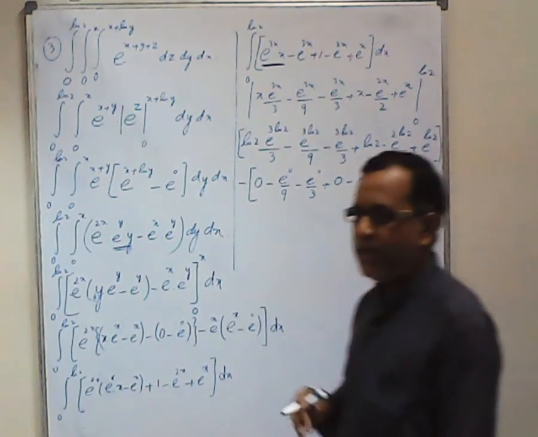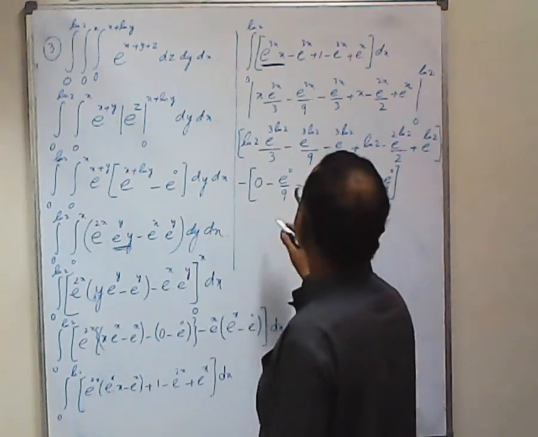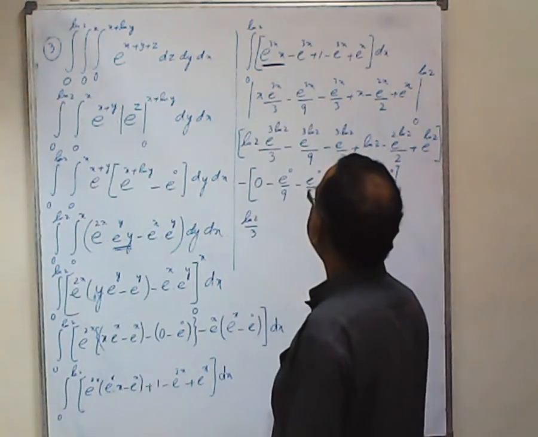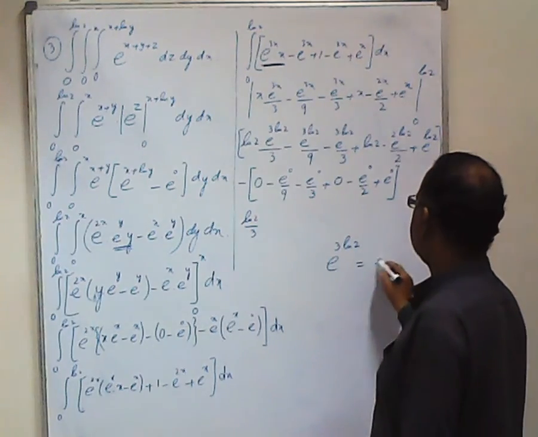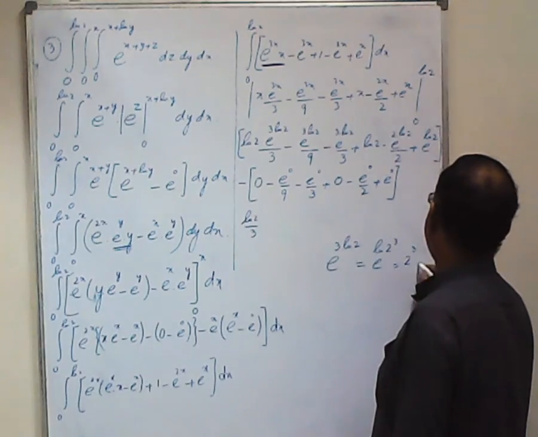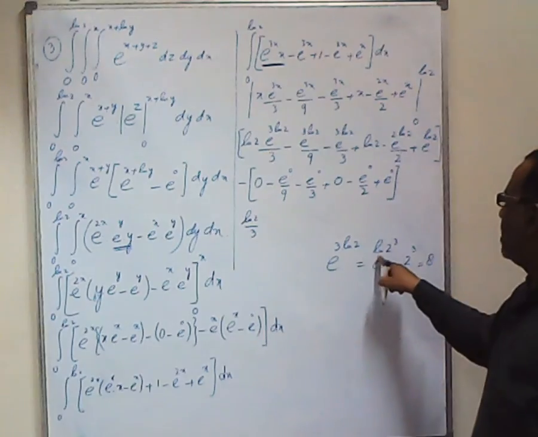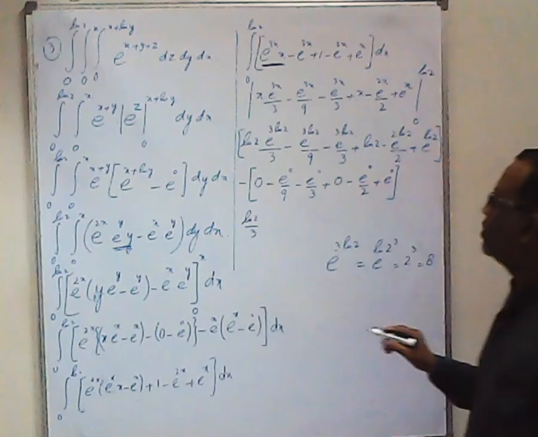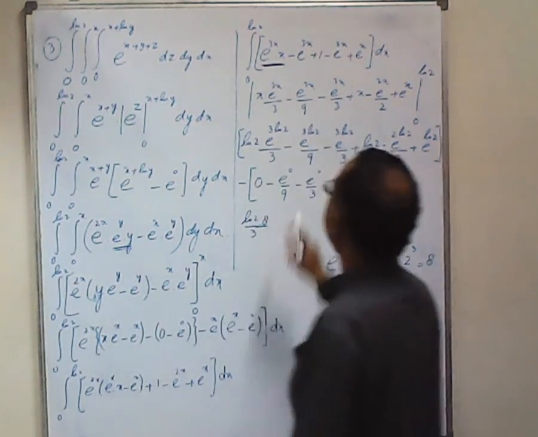So we substituted the upper limit as well as the lower limit. Now just simplification: this is log 2 upon 3 e^(3 log 2). I am showing you e^(3 log 2) means e^(log 2) cubed. We use the property of log, so move it into the power, and e^(log θ) is θ. So it means 2 cubed, which is 8. I am writing here 8 in place of this.